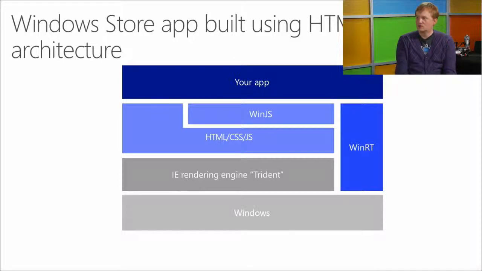So any of those store APIs that we want to use inside of our app, we can do that with JavaScript and HTML. It then uses the IE rendering engine and, of course, runs on top of the Windows system as well. So every app is managed by the operating system as far as memory and things of that sort. So it can be open, closed, or suspended by the operating system to make more memory for other apps and manage that as well.